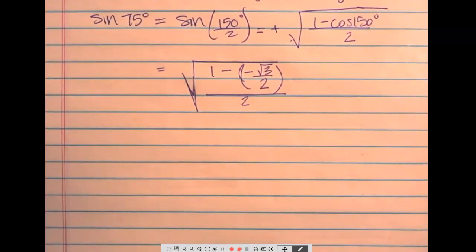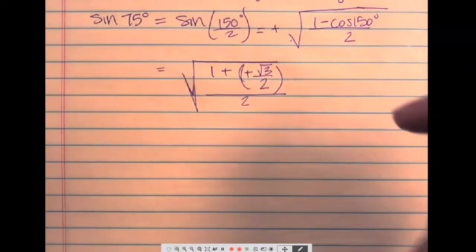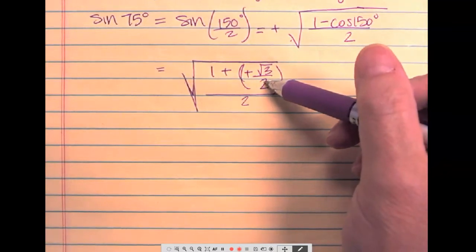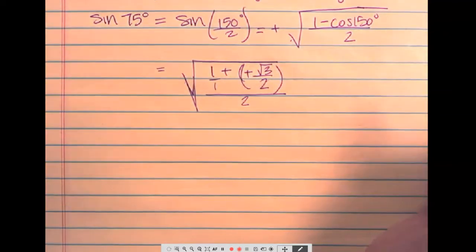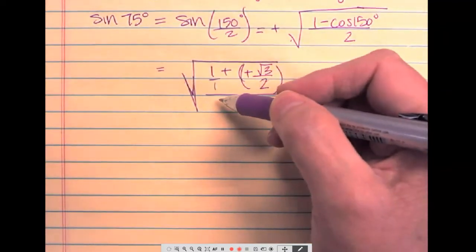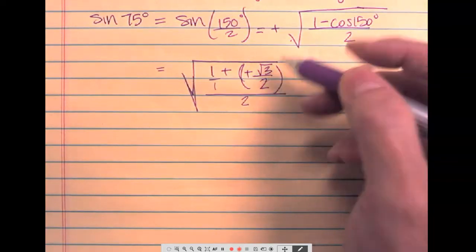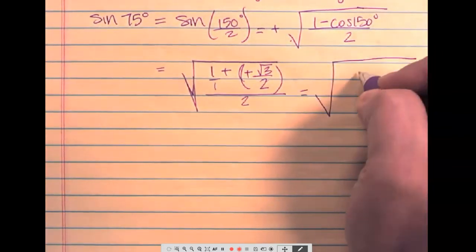Okay, but when I subtract a negative, it will become positive. I need to add these. Therefore, I need common denominators. What does 1 over 1 become if I need a denominator of 2? 2 over 2. Okay, I'm just going to write that. If I lose you on that, let me know.